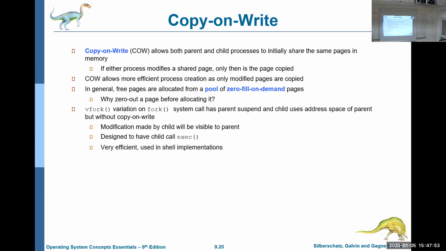Wait a second. Here's the father, and he does his int a equals 7. He does whatever he does, and then he does virtual fork. If virtual fork equals 0, then exec. I don't know, ls. He runs the ls command.